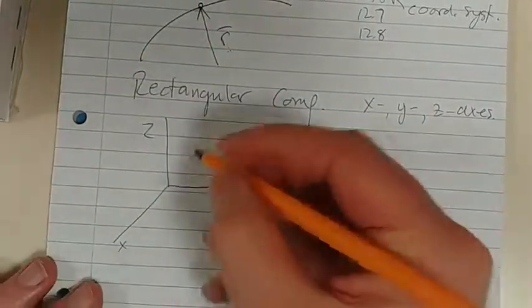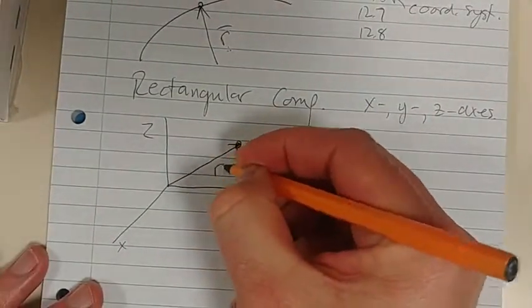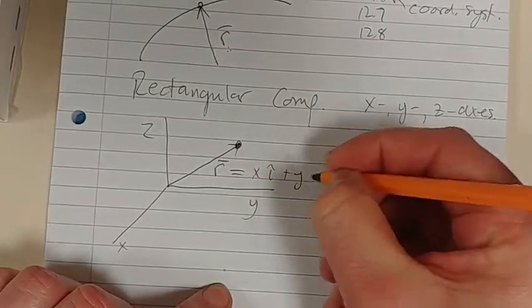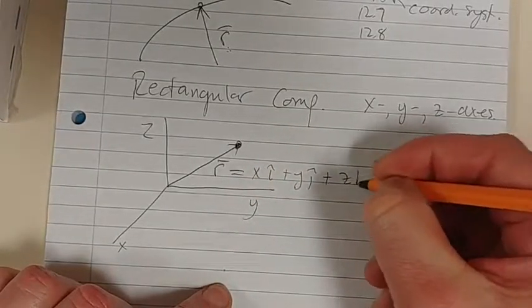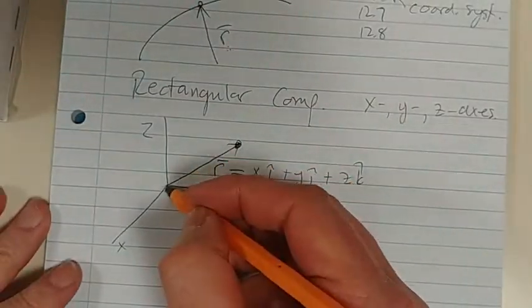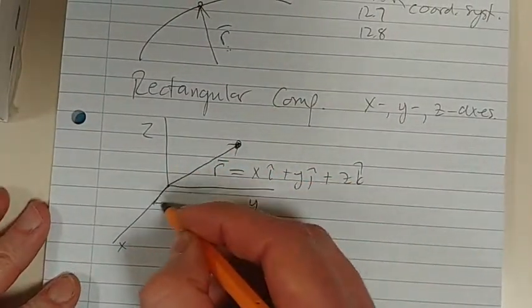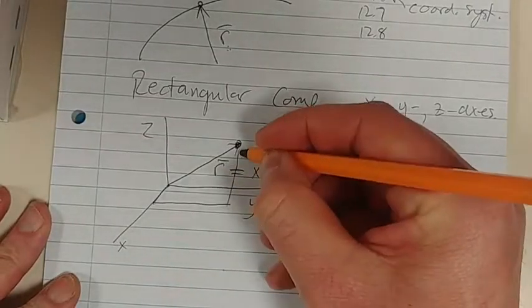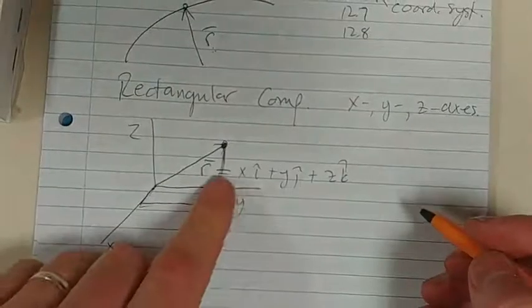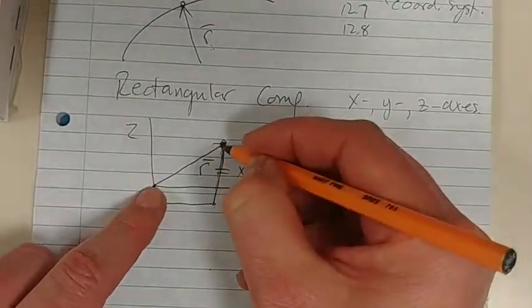Now, this is what it looks like. There's my position vector, but it's given by xi plus yj plus zk. So the position vector: how far in the x, how far in the y, and how far in the z do I go, right? To get from that position to that position.